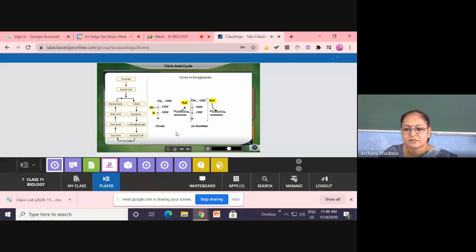Cis-aconitate is formed as an intermediate compound. This reversible isomerization requires a dehydration and a hydration step. Next, isocitrate dehydrogenase decarboxylates the isocitrate to form alpha-ketoglutarate. A molecule of NAD+ is reduced.